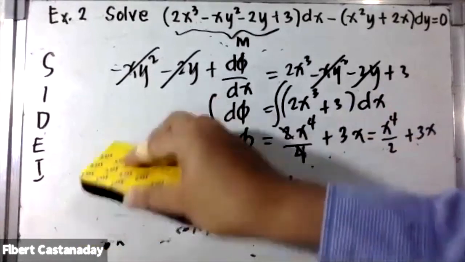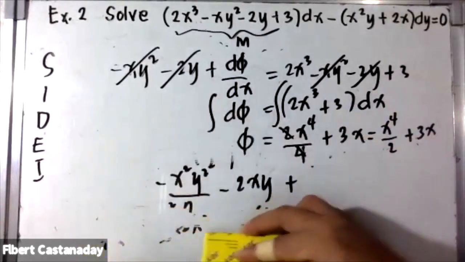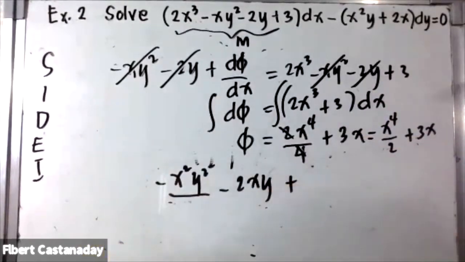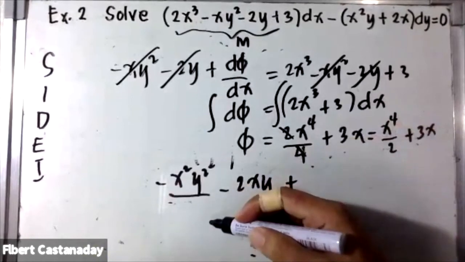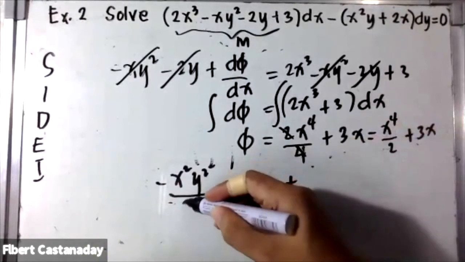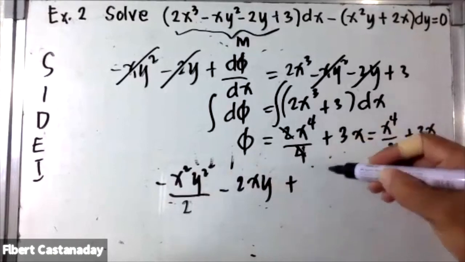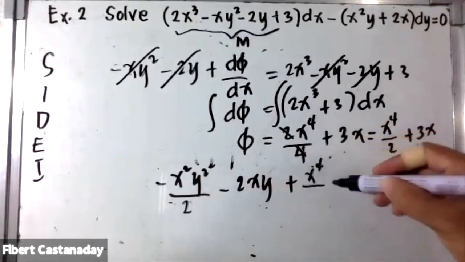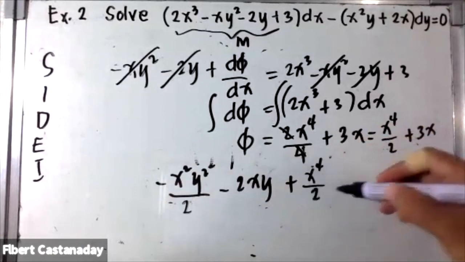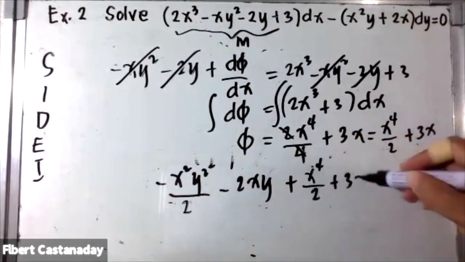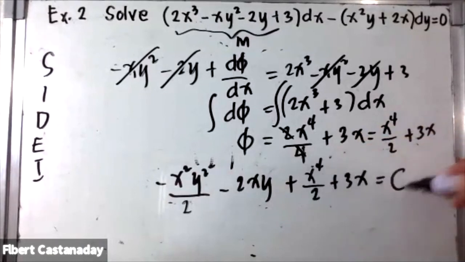Let me erase this part. Okay, so our solution therefore is minus x squared y squared over 2 minus 2xy plus the value of phi, which is x raised to 4 over 2 plus 3x, equal to c.